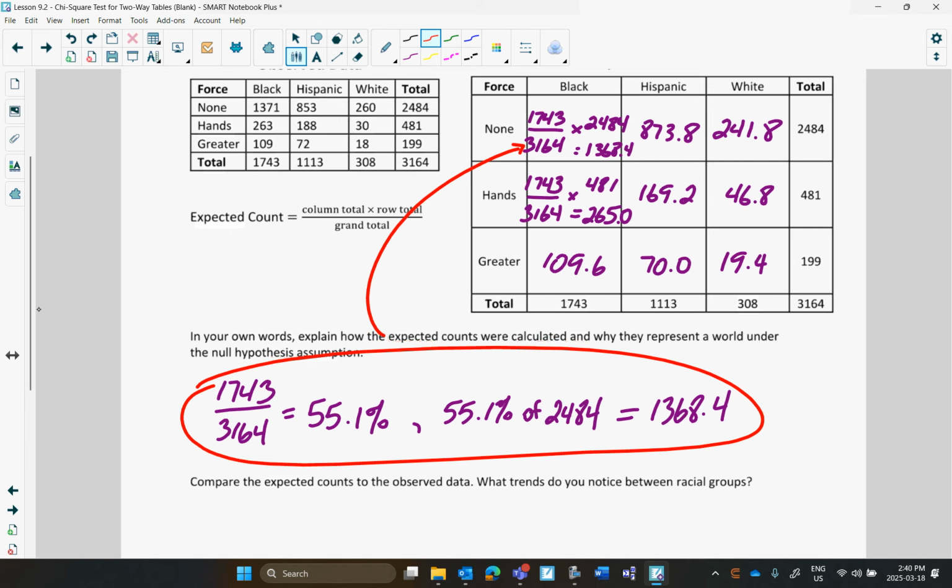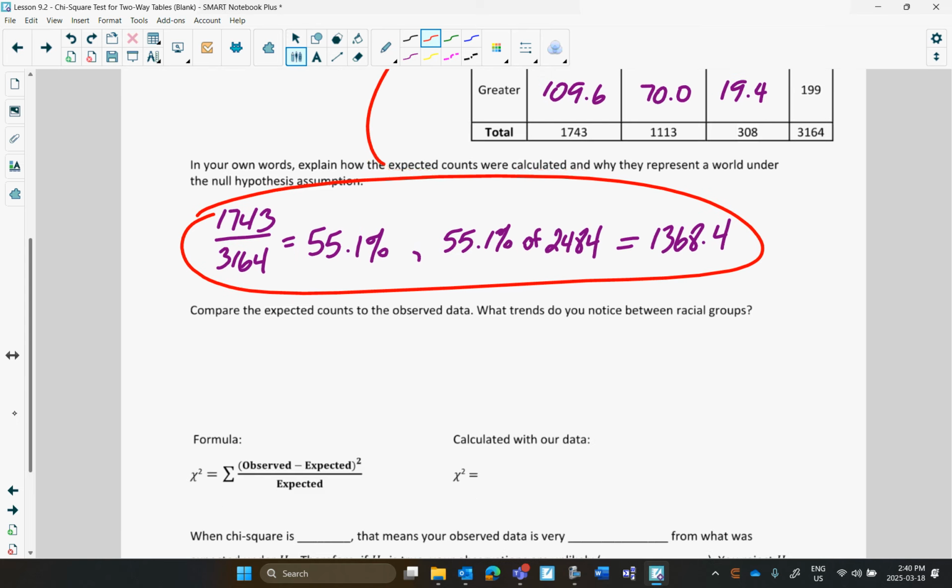And you can analyze all of these cell totals.